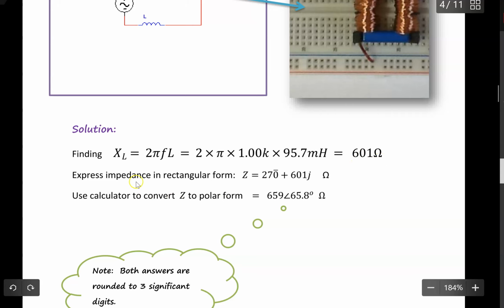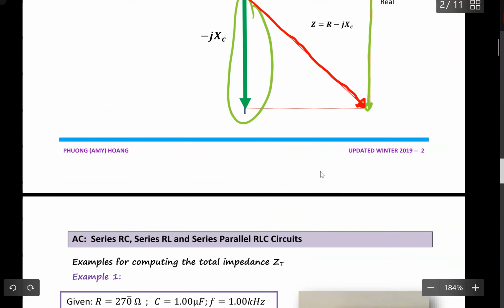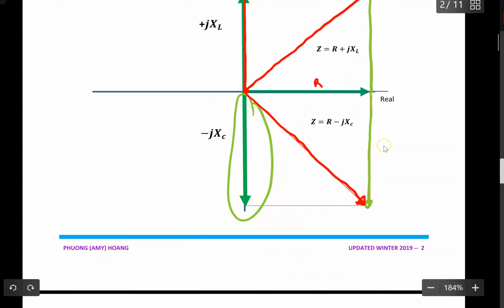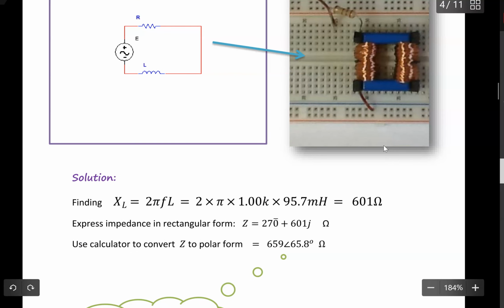Okay, express the impedance in rectangular form. Again, the real part of this impedance as a complex number is equal to your resistor, which is 270 ohms, and I add that with 601J. Why is it positive here? Because according to the mathematical model, the inductive reactance will take on the positive part of J. Alright. Okay.